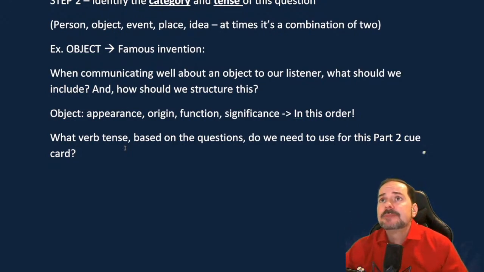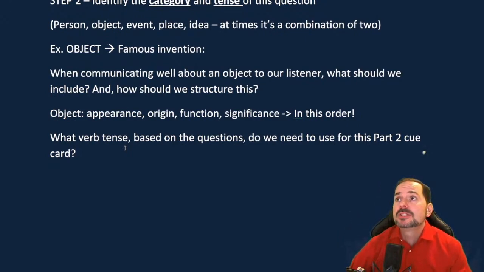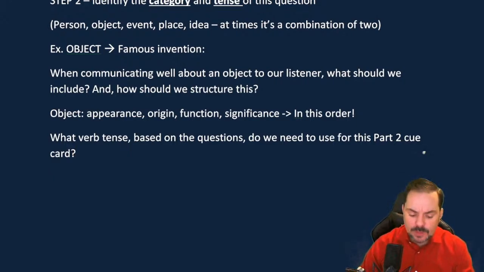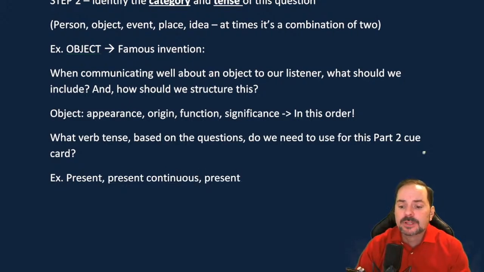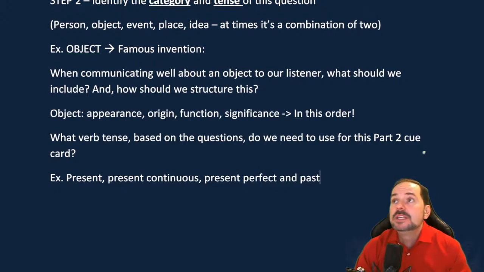Okay, Harwinder says mainly present, continuous, past. Satish says past. Yeah, so I would say for this example, we need present, present continuous, present perfect, and past. So these are mostly the important ones.